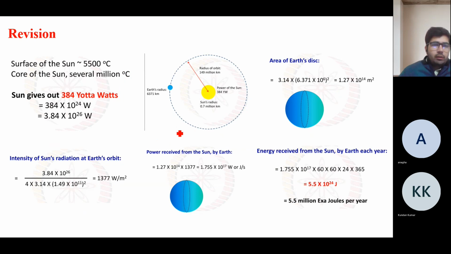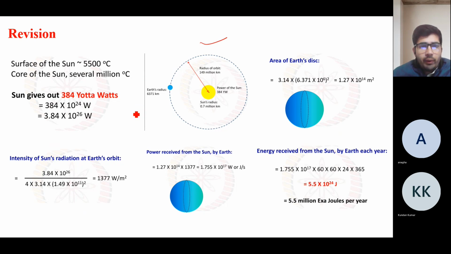Now in this slide, we will see a sample calculation of how to calculate the energy that we are receiving per day, or how much energy we are receiving from the sun. This diagram is representing the sun, the yellow one.